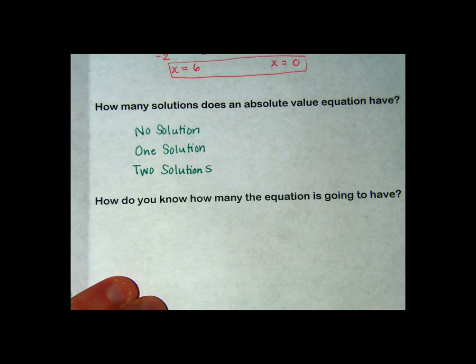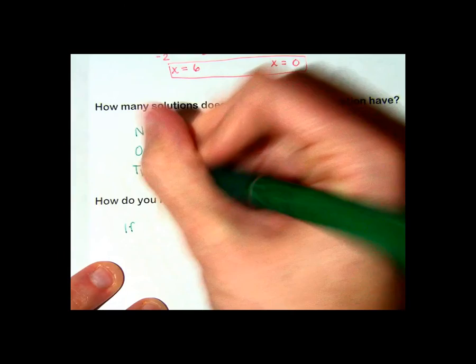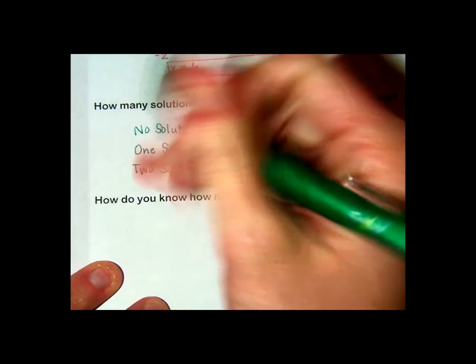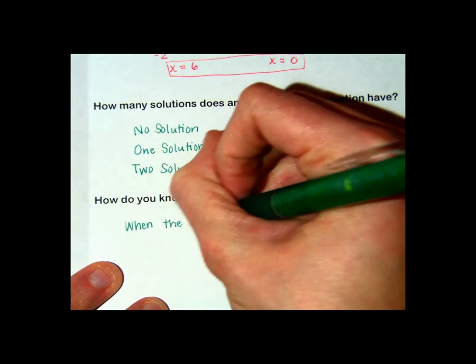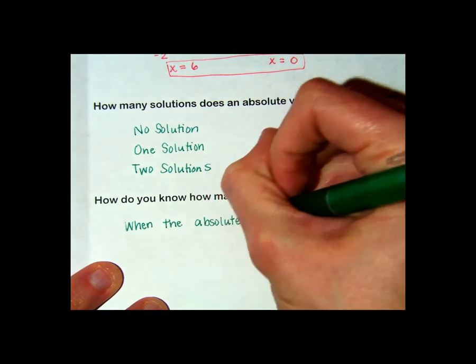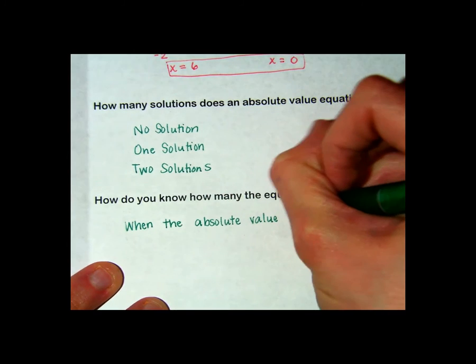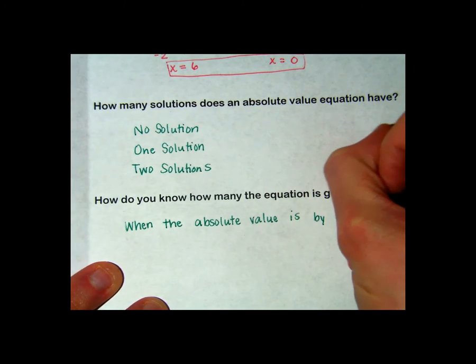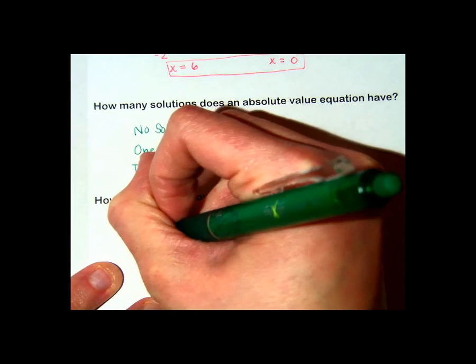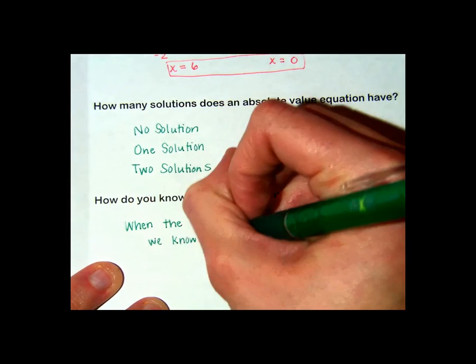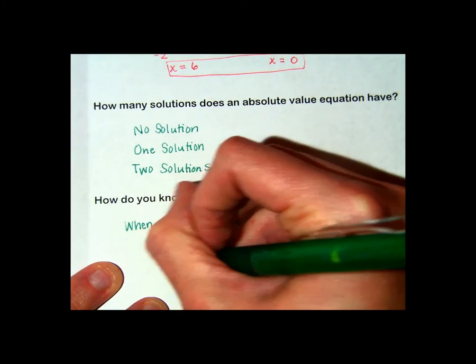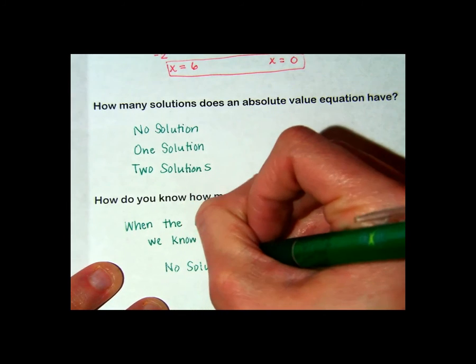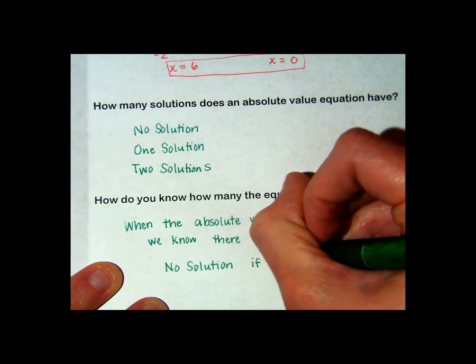How do you know how many the equation is going to have? When the absolute value is by itself, we know there is no solution if there is a negative number.